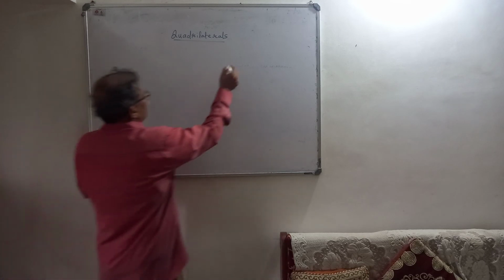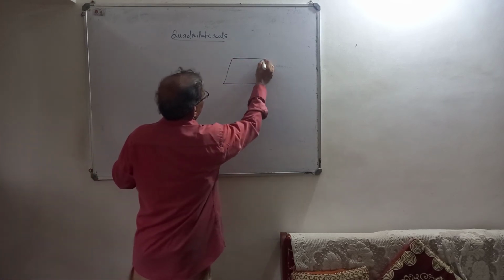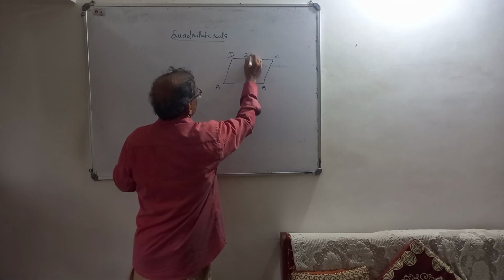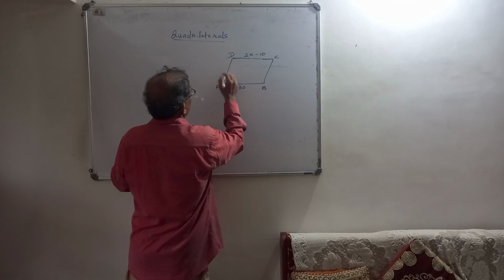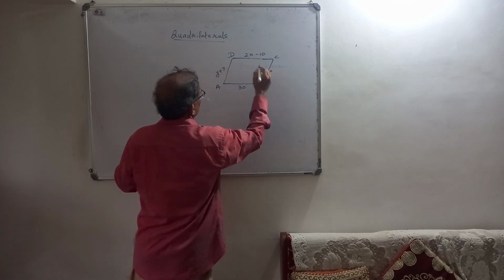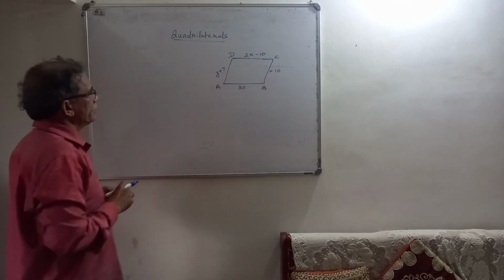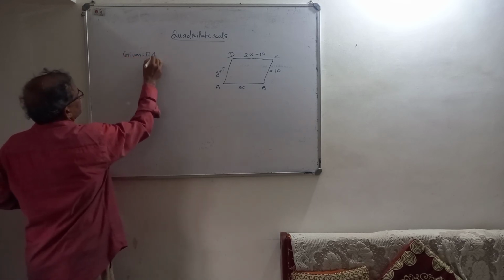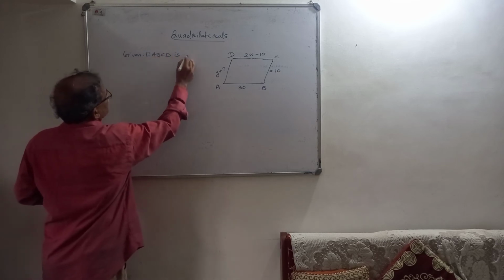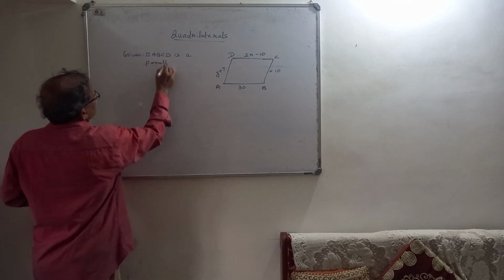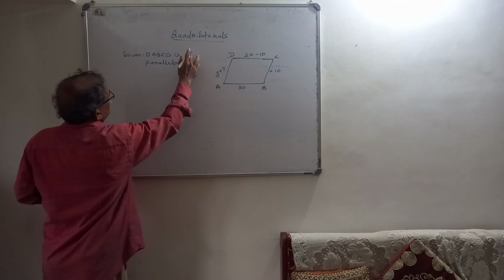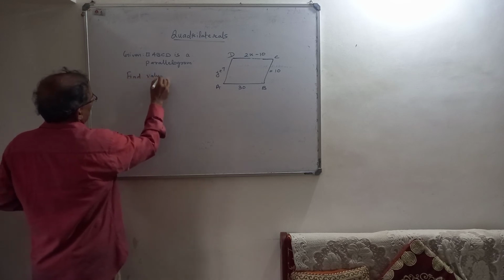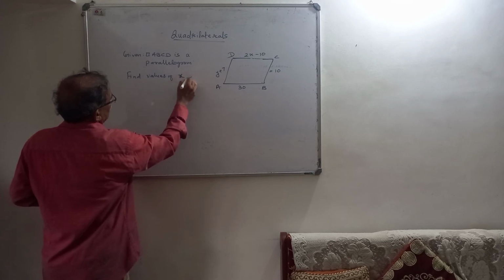Now see, I shall give you one more example. A, B, C, D. Now given: quadrilateral ABCD is a parallelogram, find the values of x and y.